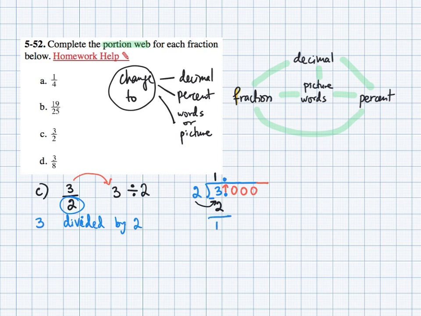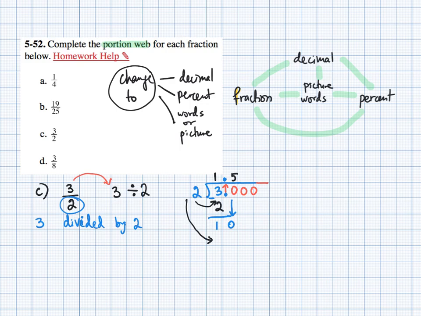So the remainder is 1. Now the decimal is already on top. So that means I can bring down 1 zero at a time. And the number is 10. And then it's the same thinking. How many times does 2 go into 10? So how many times? 5. And you want to write that 5 right above that 0 that you dropped. So the place value matters a lot when you divide, so everything needs to be lined up.